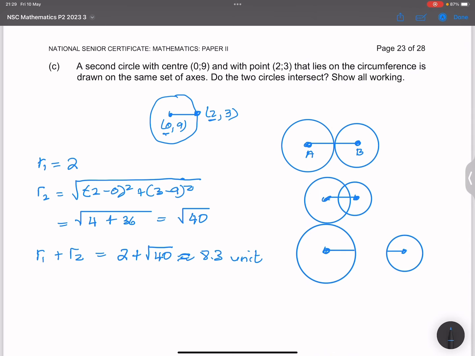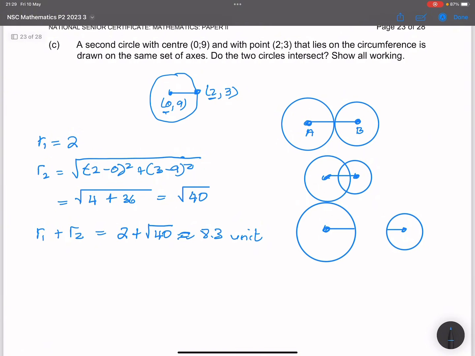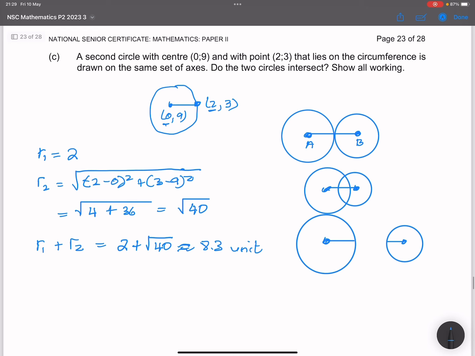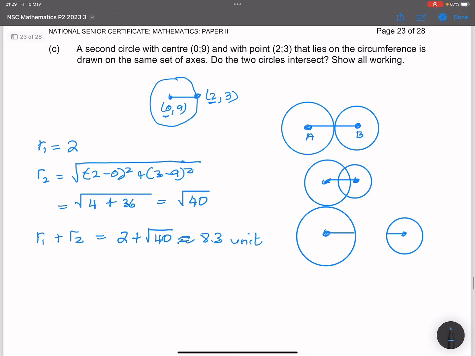But now let's find the distance between their centers, right? Now what would that distance be?